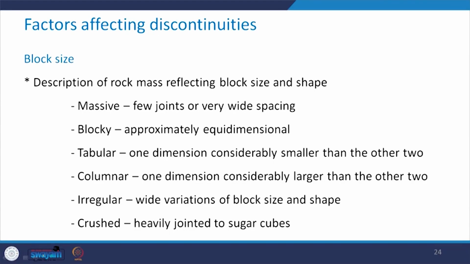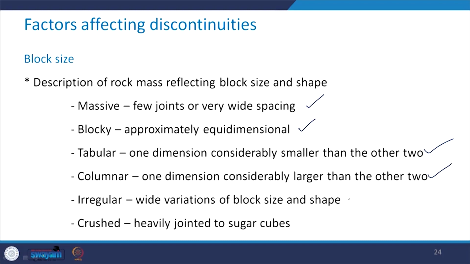The description of the rock mass reflecting block size and shape is given here. You can have massive, with few joints or very wide spacing; blocky, which is approximately equidimensional; tabular, where one dimension is considerably smaller than the other two; columnar, where one dimension is considerably larger than the other two.